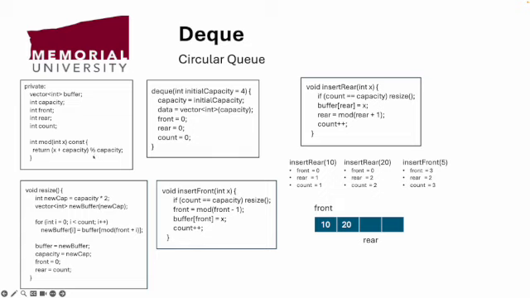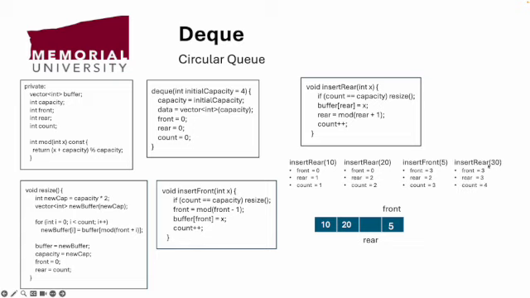Minus 1 plus capacity 4 equals 3, mod 4. So it's position 3. So the front is moved to position 3. Back does not change, still 2. Count, still 3. Confused, right? Okay.